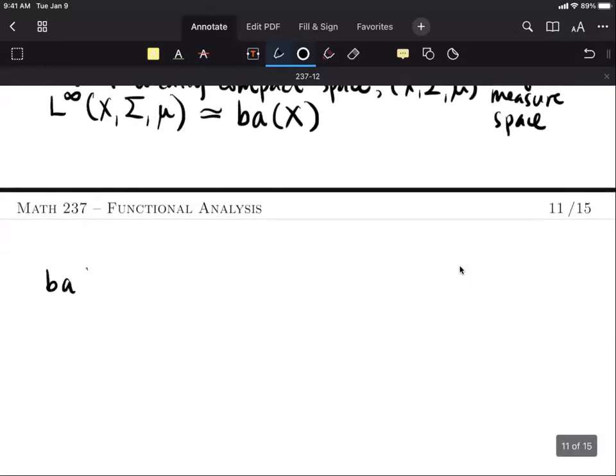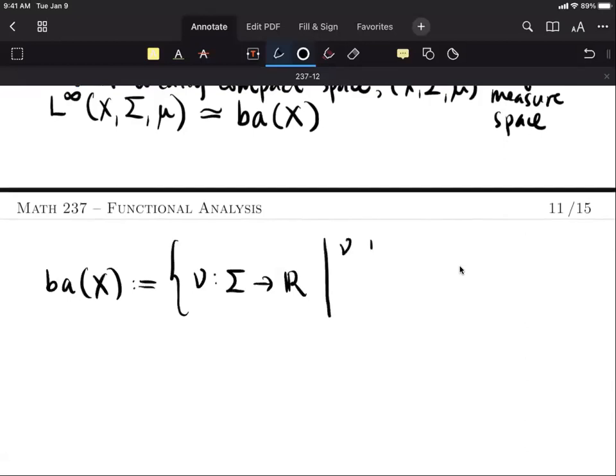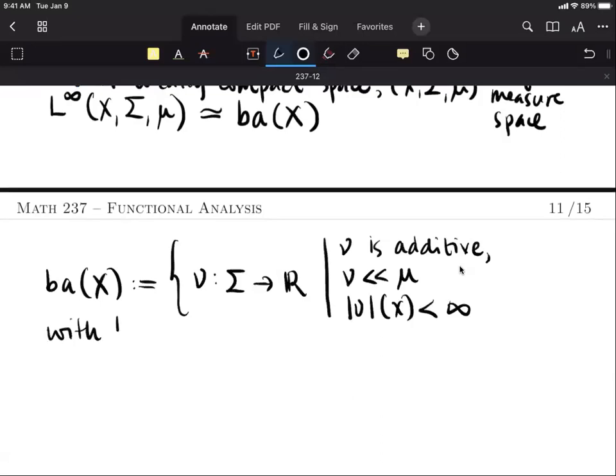BA of X is defined to be the set of all signed measures nu wherein nu is additive and nu is absolutely continuous with respect to mu, and it has a finite total variation, with the following norm.